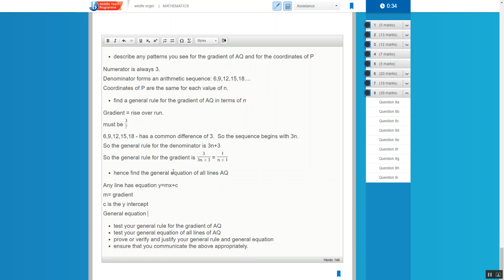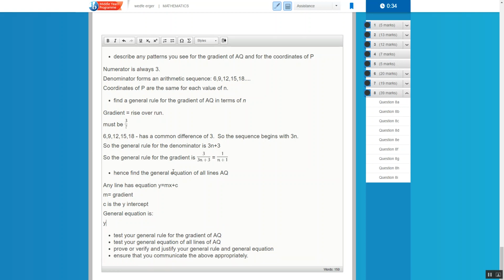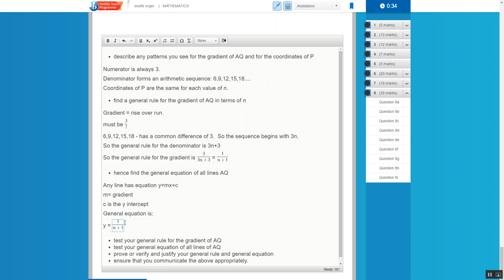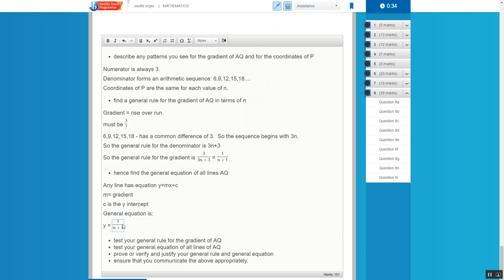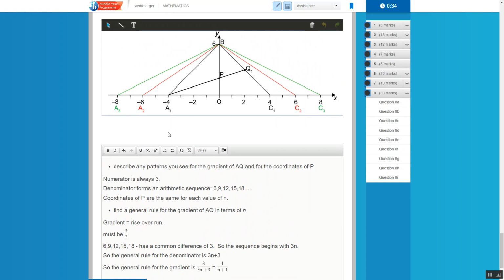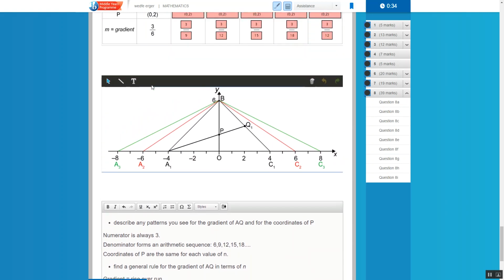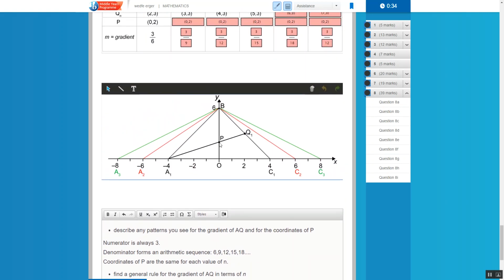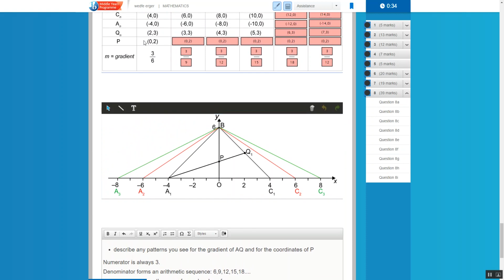So the general equation is y equals m, which we've worked out, which is this. And we now need to write in what the y-intercept is. If I go back up here, here's AQ. I can see that it's going through P, that's the y-intercept. P is the same in every case, and the y-intercept is 2.